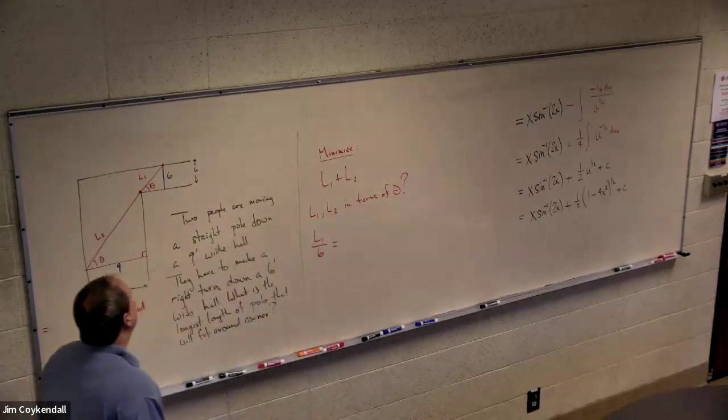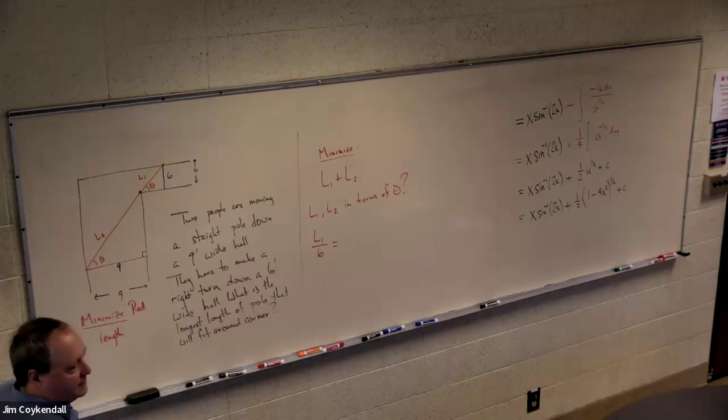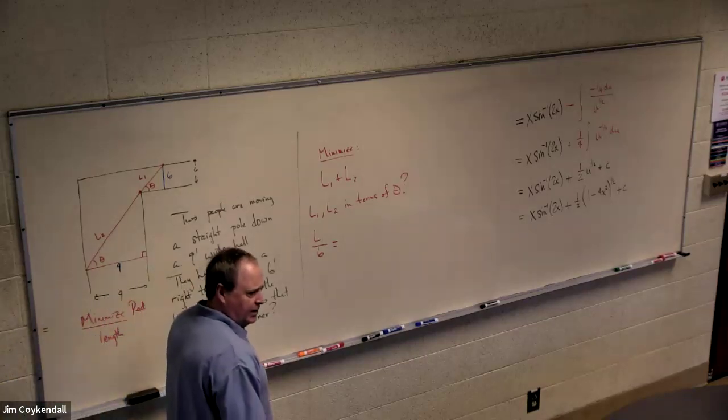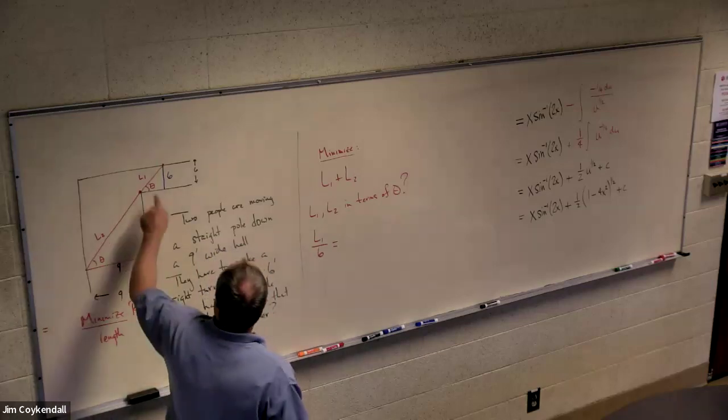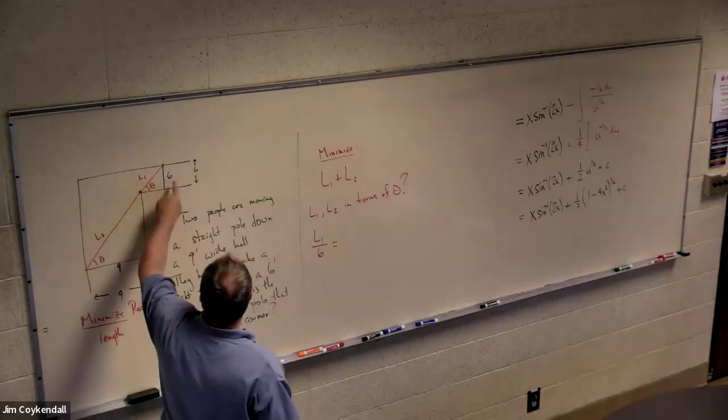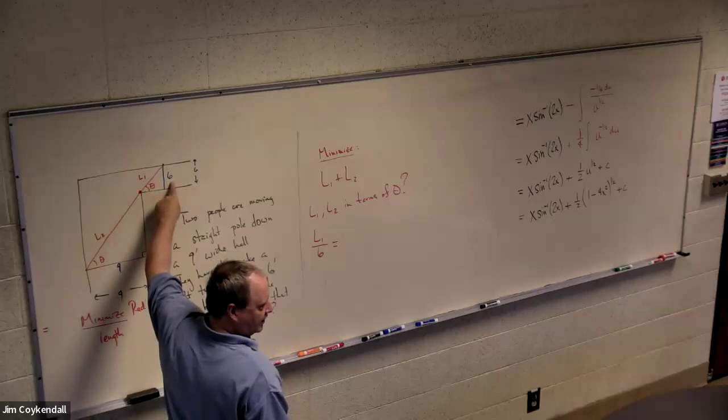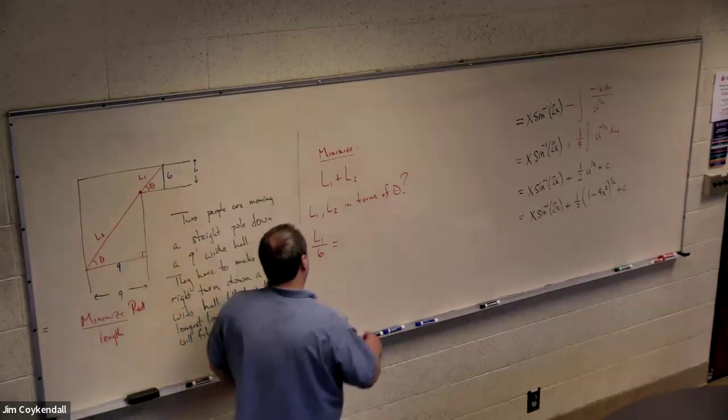What's L1 over 6? Right, so it's hypotenuse over opposite. It's the cosecant.